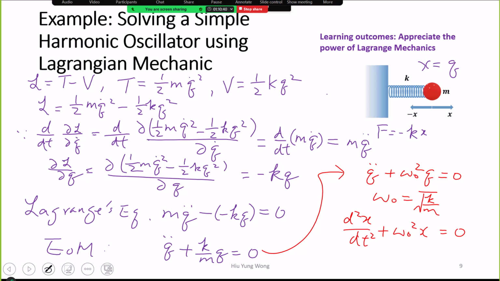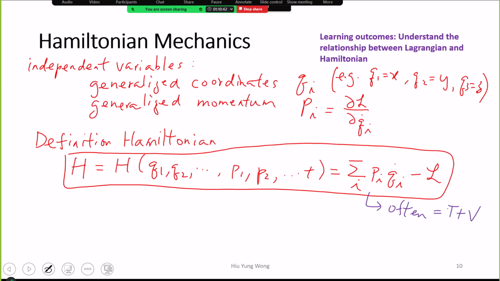Okay? With this, we have something called the Hamiltonian equations, like the Lagrange equation, right? Again, it has a pair for each independent variable.